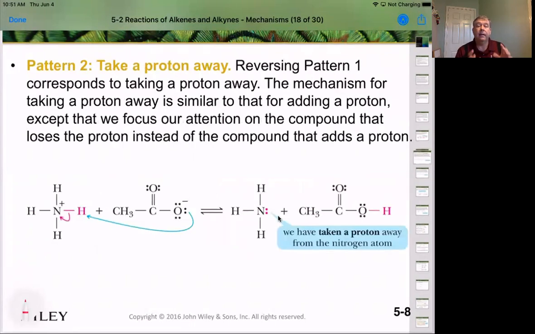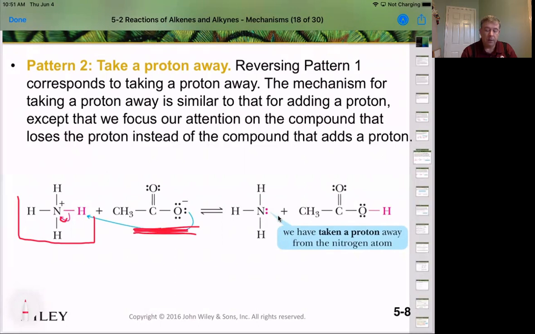Okay, so in pattern 1, we are donating a proton. In pattern 2, we take away a proton. We have something that is basic that is going to pull away that hydrogen. In this case, we used the base ammonia to pull away a hydrogen, to give a hydrogen to this base. Now we're going to use this newly formed Lewis base to take away that proton. So now this is our new base.